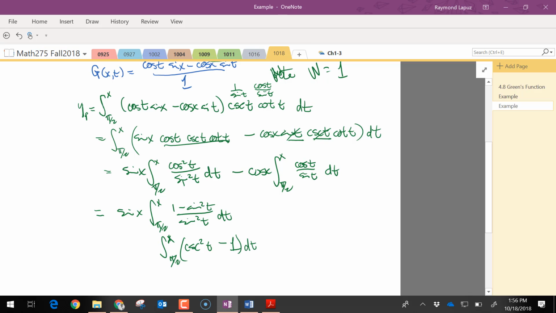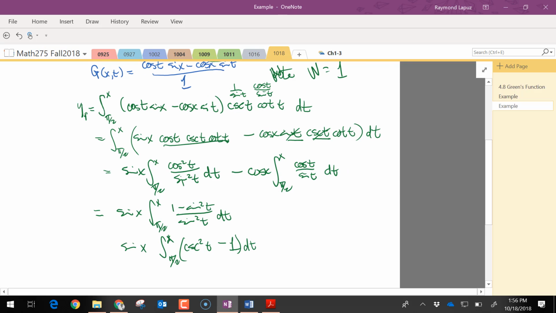And then I can integrate cosecant squared t. Over here, we do a u substitution. U is equal to sine, and then the derivative of sine is cosine.